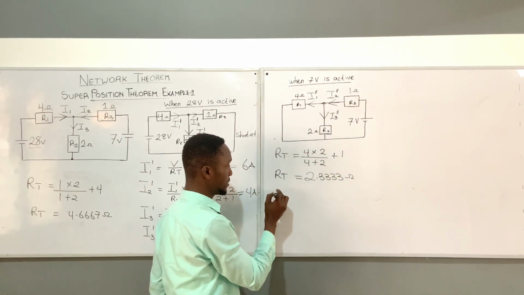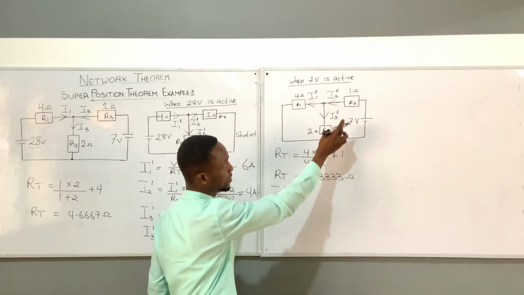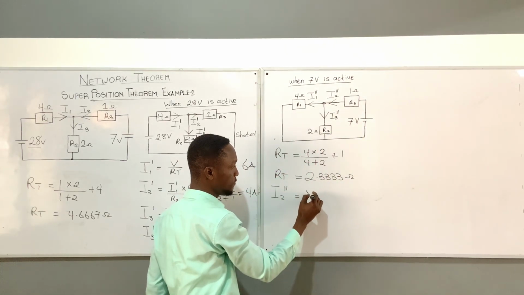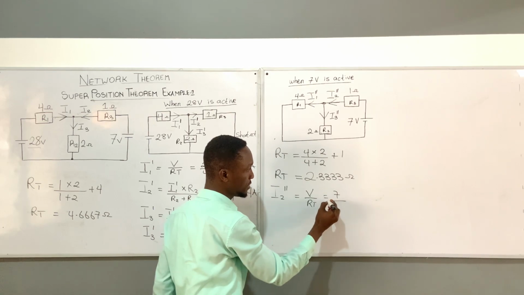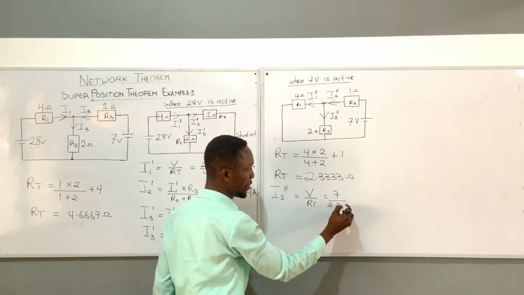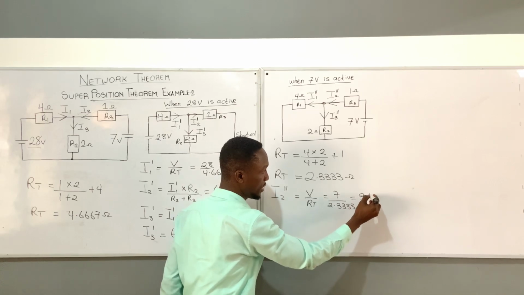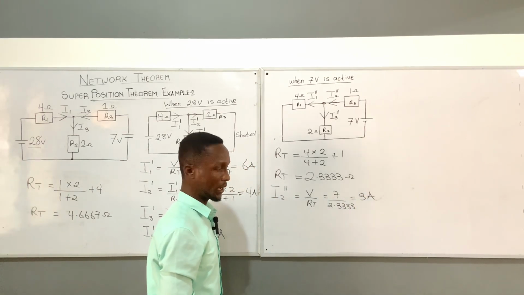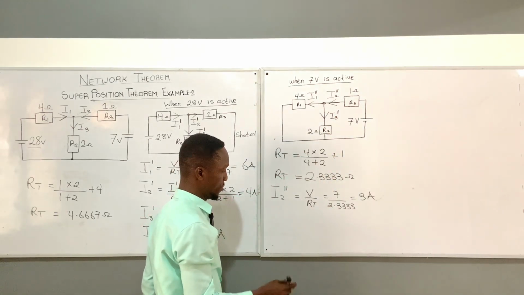To do that, I'll write I2 prime prime equals the total voltage V over RT, giving us 7 divided by 2.3333. Now when you divide this, you are having 3 amps. Okay, now we can find I1 prime prime and I3 prime prime.